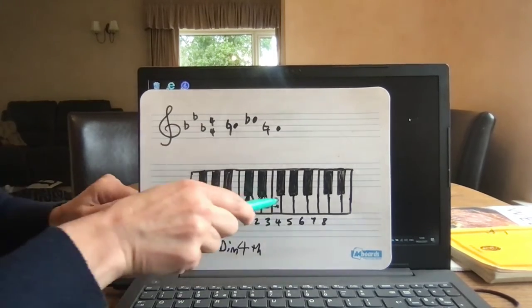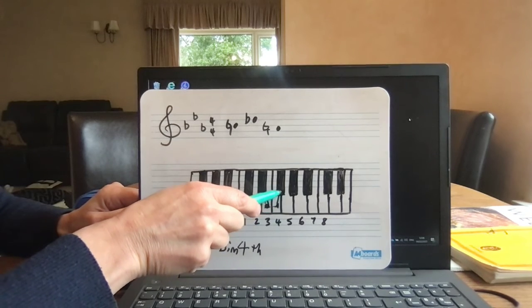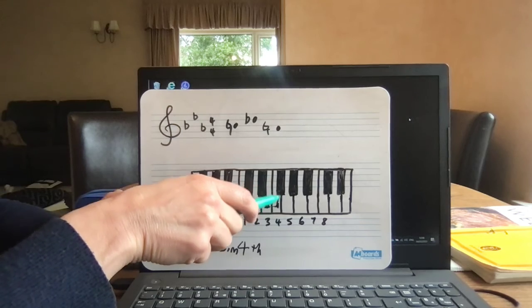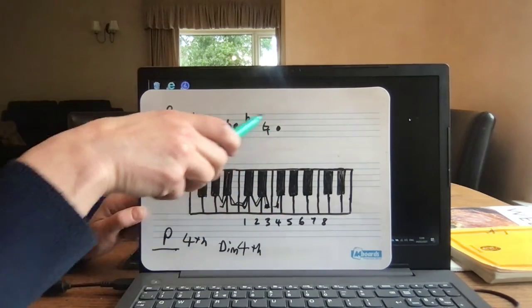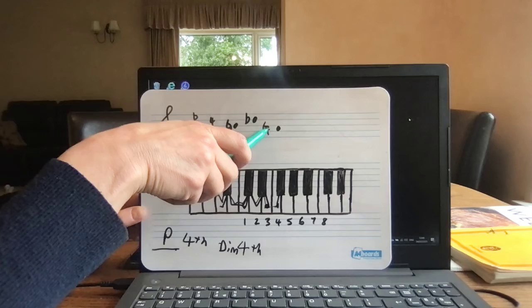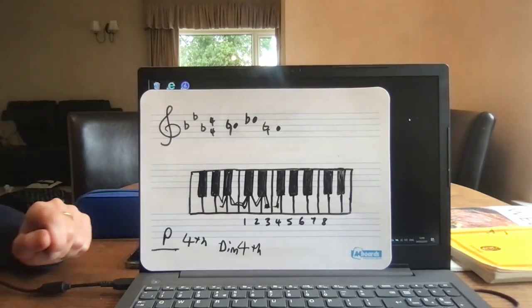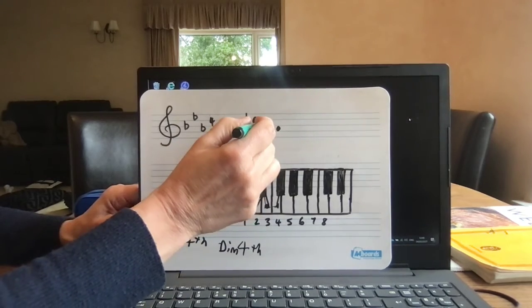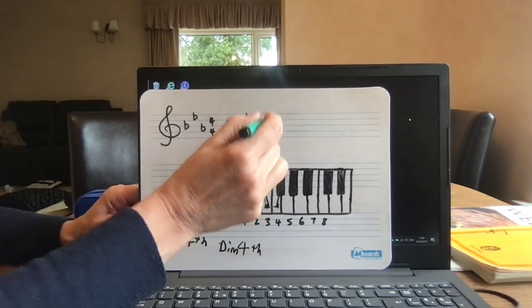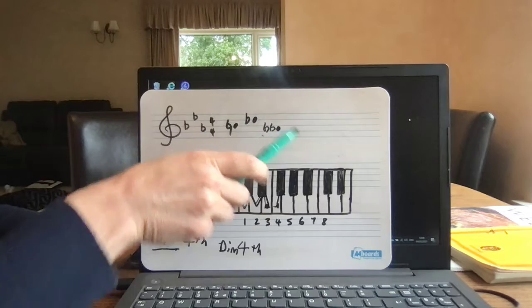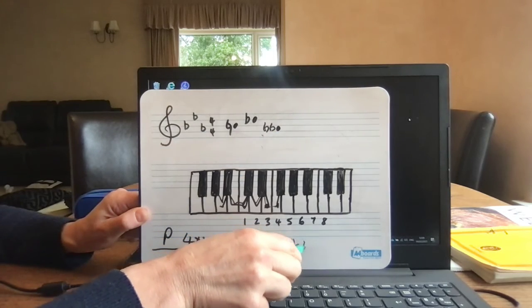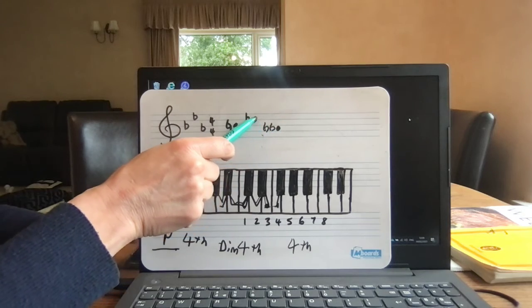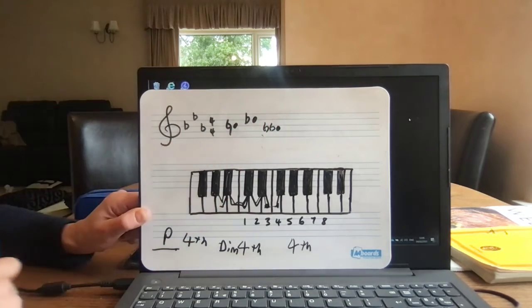If it was bigger, right, so instead of going bigger, you'd have to have an A double flat. It was A double flat, right? It's still a fourth. Definitely a fourth. 1, 2, 3, 4. Definitely a fourth. A space note and a line note.